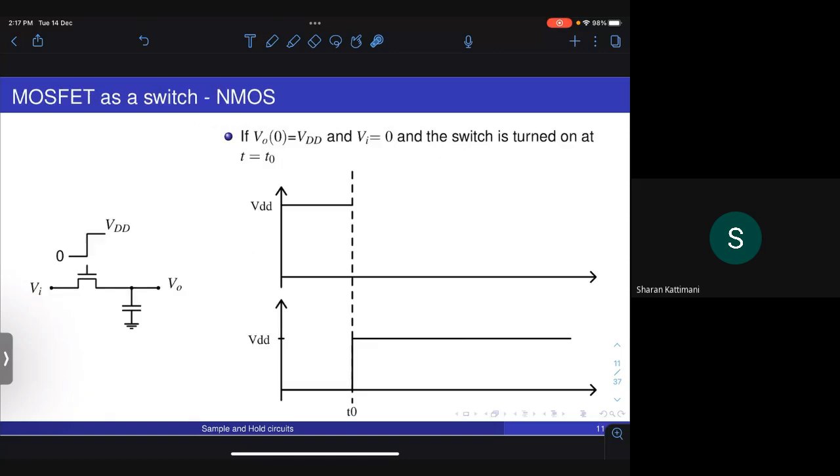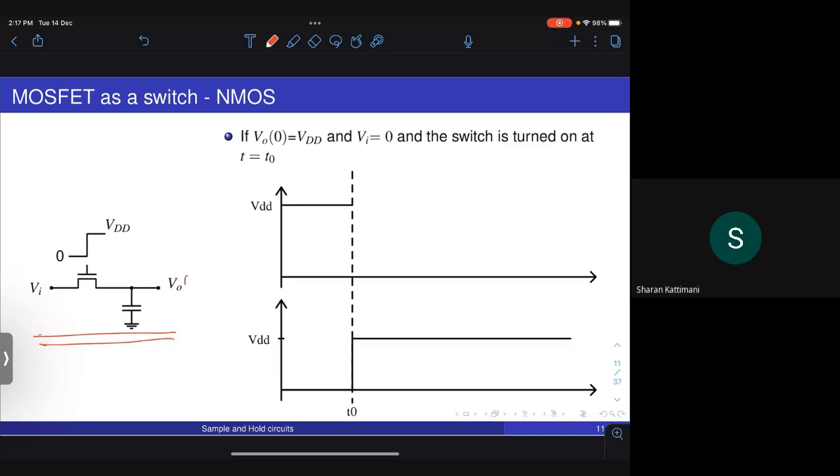Okay, yeah. So let us consider how the MOSFET behaves as a switch when you are charging and discharging any output. So we have a simple circuit here, which is just a MOS operated as a switch and MOS driving a capacitor. Let us say V naught of 0 is at VDD.